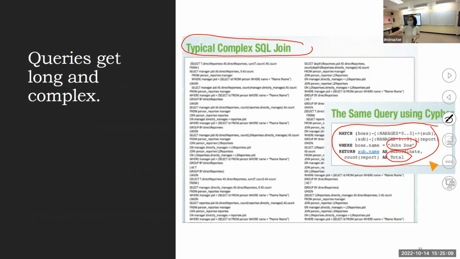John actually supervised all these A, B, C, right? So if you want to include this kind of recursive relationship, it would be very complicated to do in relational model. Not a very straightforward way, but in graph, you can do the recursive modeling, querying easily.